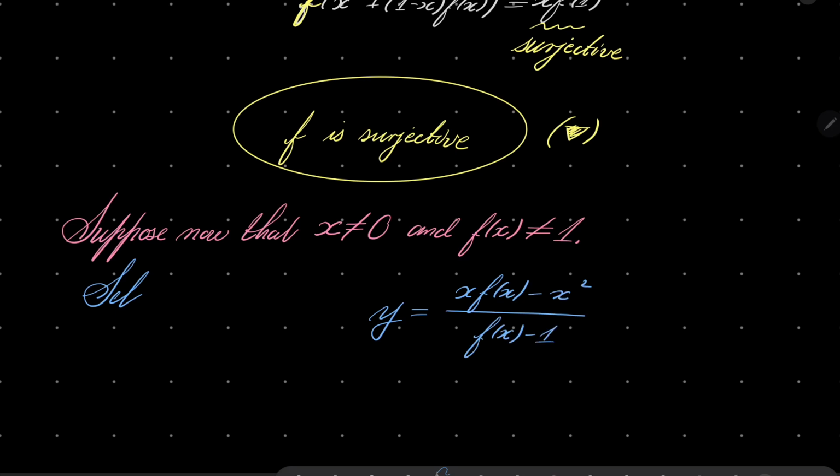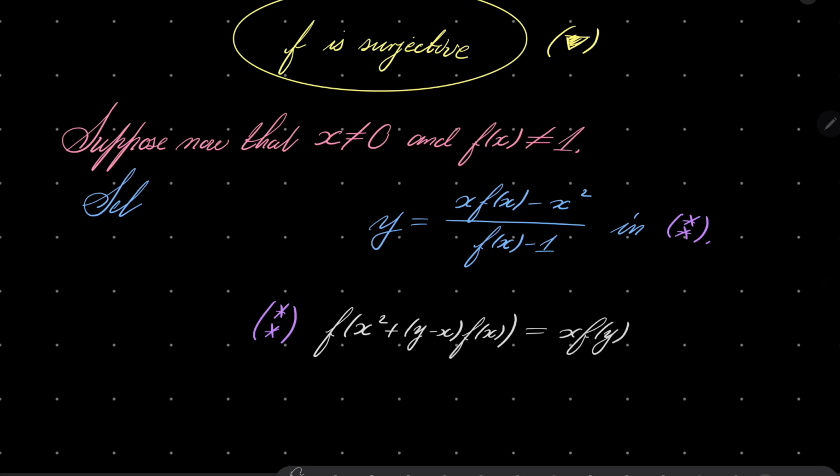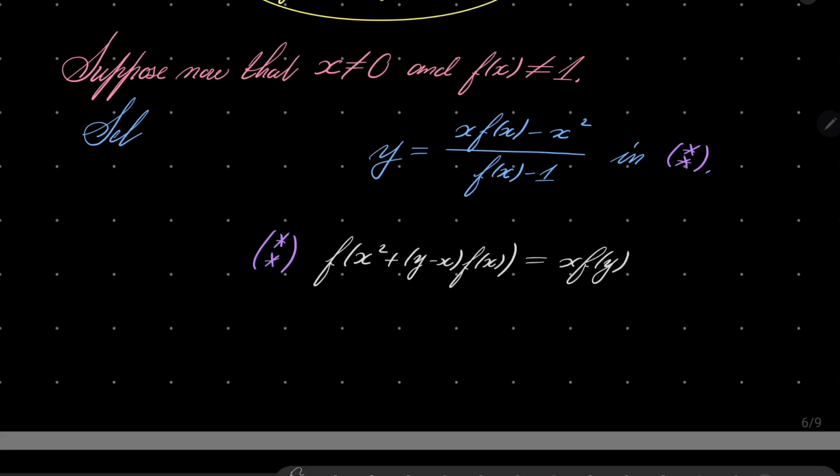Let's set this in our condition double asterisk. What a strange argument, you may say. Let's also recall our condition double asterisk, which says that f of x squared plus y minus x times f of x equals x times f of y. Now, why have I chosen this very argument? Well, you can verify easily that it makes this argument right here equal to y.